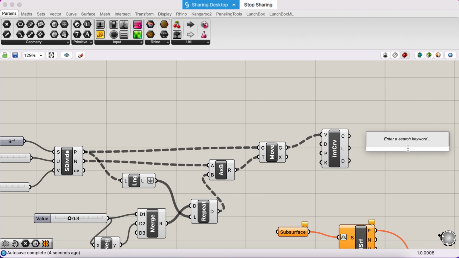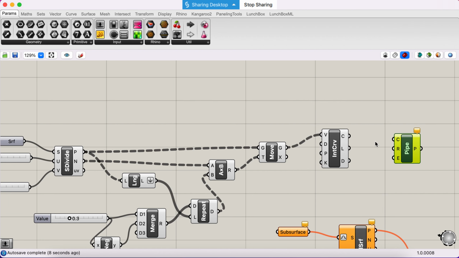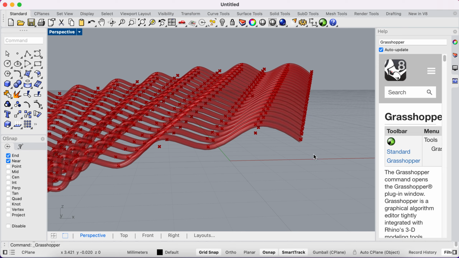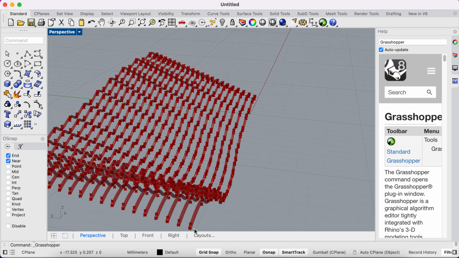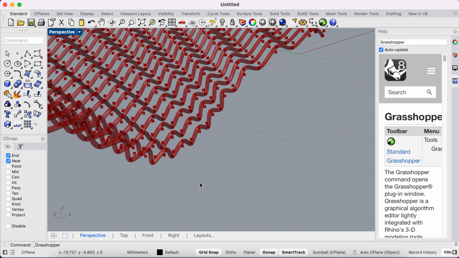If I use Pipe as the last command, you can just connect all these curves here and maybe use a radius of 0.1, and then connect right here. If I go back here, you see that these points change alongside the surface. This is basically an interpolated curve, connected as some form of a pipe.